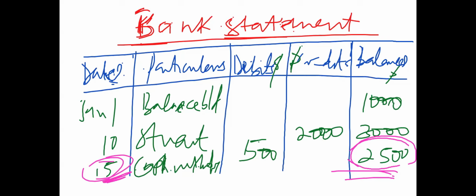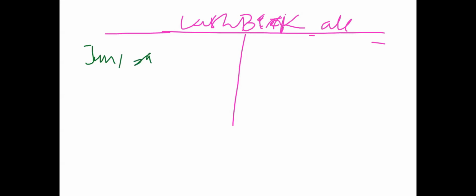In other words, if your bank statement looks like this, the cash book will be looking like this. We are just going to draw only a single column because we are only picking out the column for bank. So this is our cash book. But remember, in the cash book, we are only taking out that bank column. So on Jan 1st, we had some money, 1,000, which is the balance brought down.